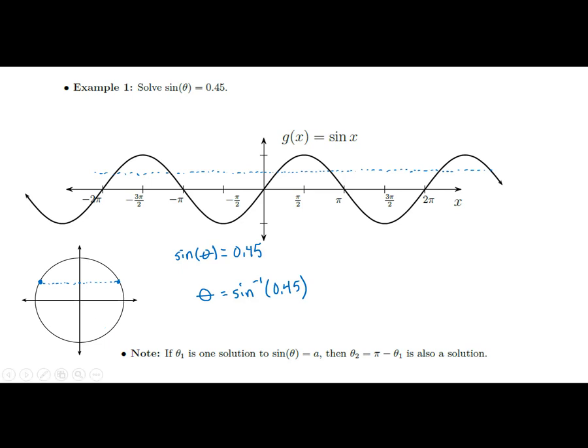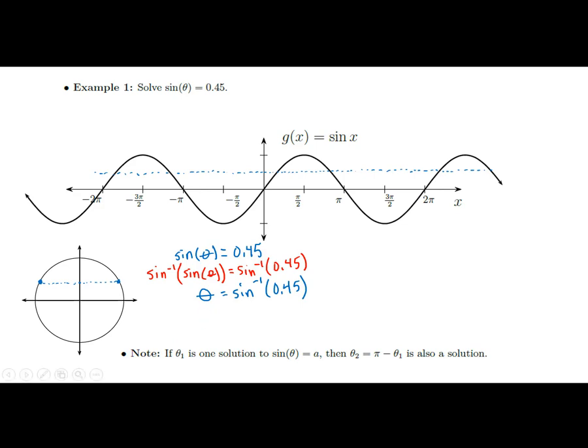And one way some people like to envision what's happening here would be to say, I'm going to take the inverse sine of both sides, so the inverse sine of sine theta and the inverse sine of 0.45, and then of course the inverse sine and the sine essentially zap each other, and you're just left with theta on the left side.